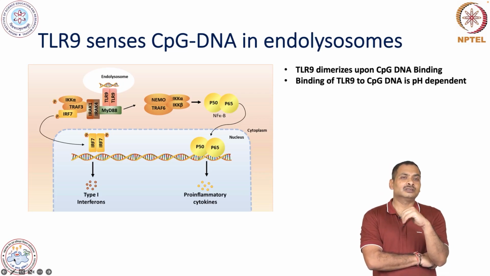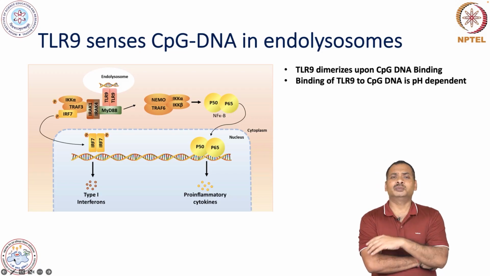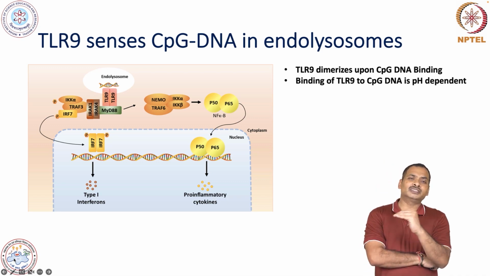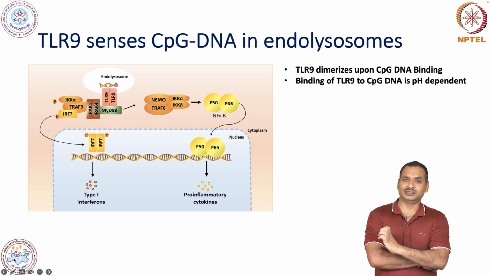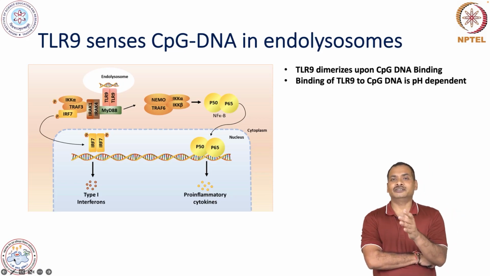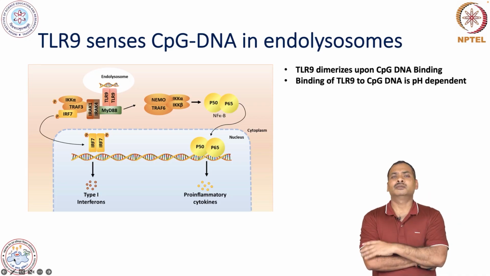The whole naive receptor itself is not able to sense the CpG DNA. So before sensing, it undergoes cleavage by cathepsin family proteases, and upon sensing, you know that this will activate NF-kappa B through the IKK pathway.